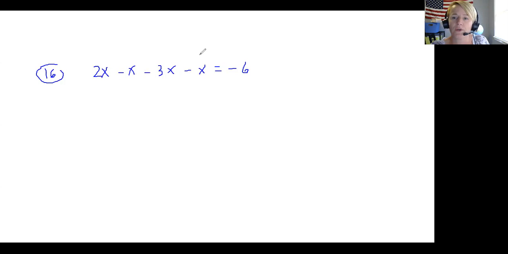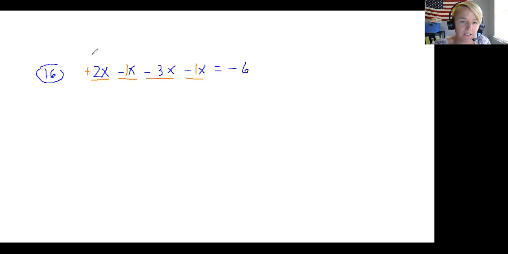Okay, so this looks a little scary and kind of complicated, but it really isn't. I just have to combine this positive 2 with a negative 1x, a negative 3x, and another negative 1x. If you wanted to combine your negatives here, you can. It really doesn't matter.